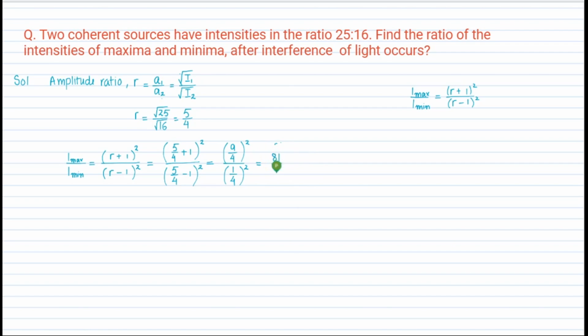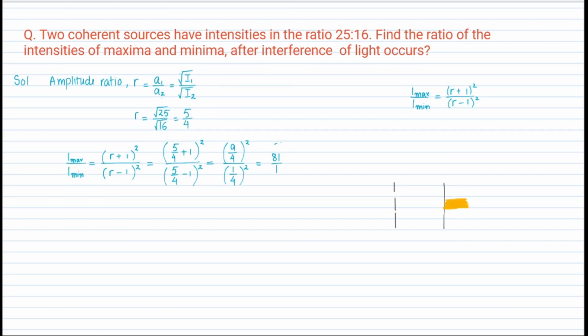So what is the ratio of I maxima by I minima? It is 81 is to 1. That means the maximum intensity will be 81 times more intense as compared to the minima.